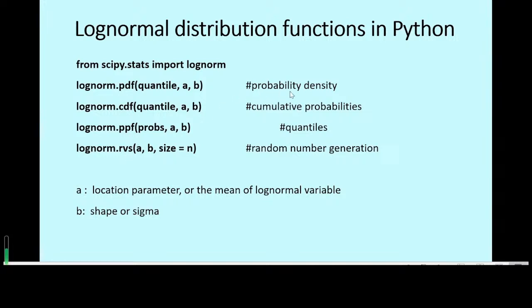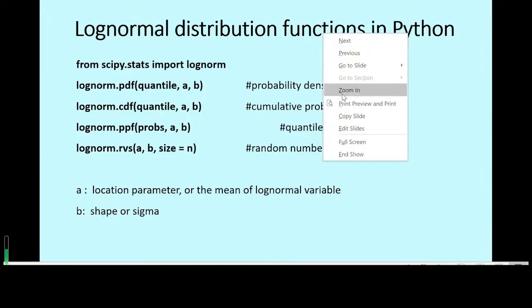They are for density, cumulative probabilities, quantiles, and random number generation, respectively. Just keep in mind that in the function, a means the mean of the lognormal variable, and b is the sigma.